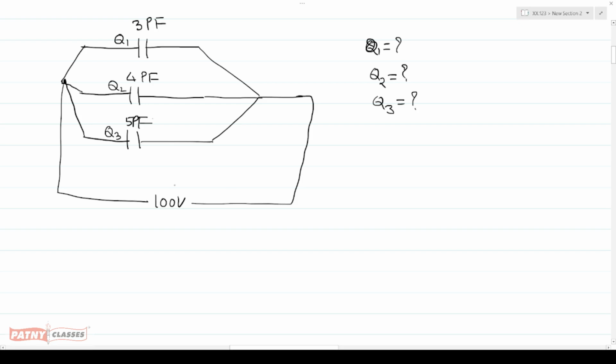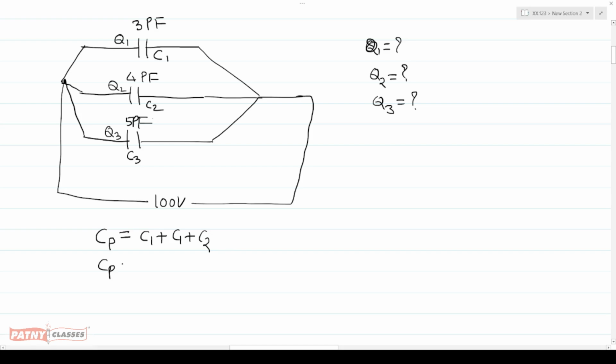Whenever the capacitors are connected in parallel, how do we find their combination? First call this C1, call this C2 and call this C3. They are connected in parallel, so the equivalent capacitance, denoted by Cp, is C1 plus C2 plus C3. This is the formula for finding the equivalent capacitance when three capacitors are connected in parallel.